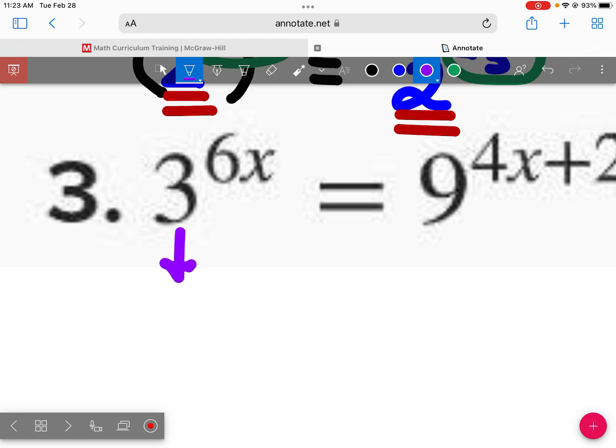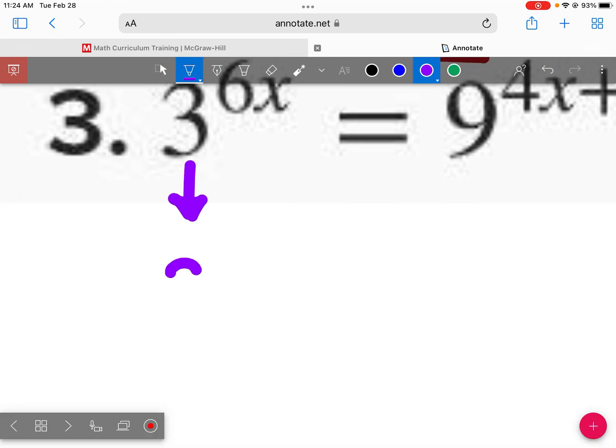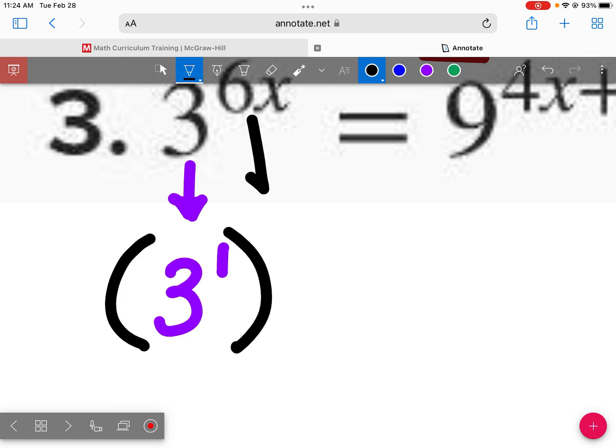Is there a way to rewrite 3 so that it has the same value, but it looks different? That's how I rewrite 3. 3 to the first power. So 3 is 3 to the first power. Bring down that exponent of 6x.